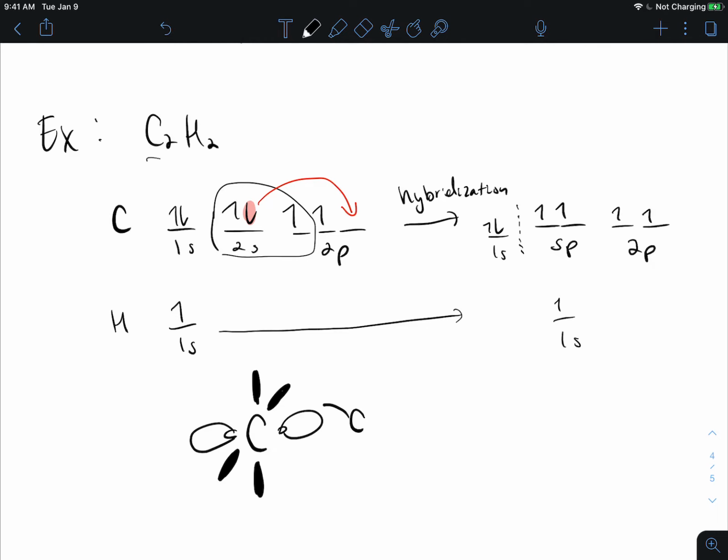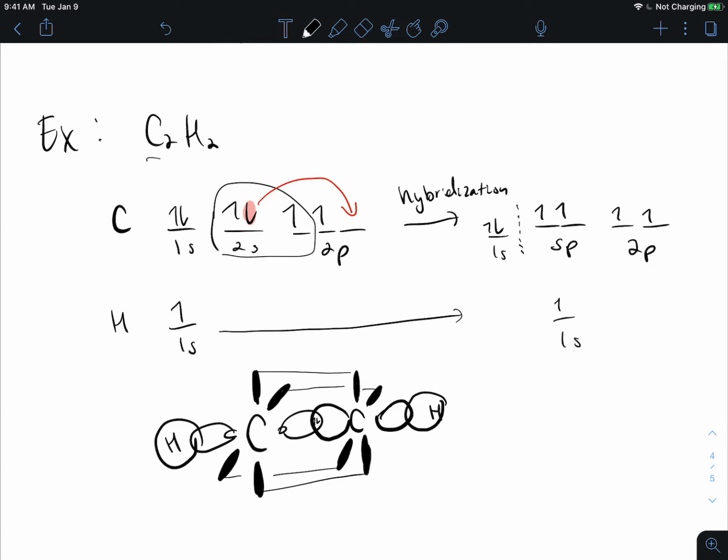So carbon, there's that overlap right there, and then our unhybridized p's there, forming our pi bonds. Then hydrogen unites each side, like so.